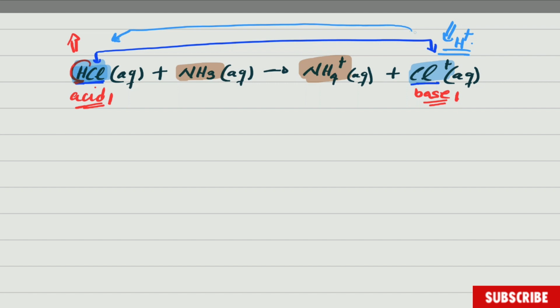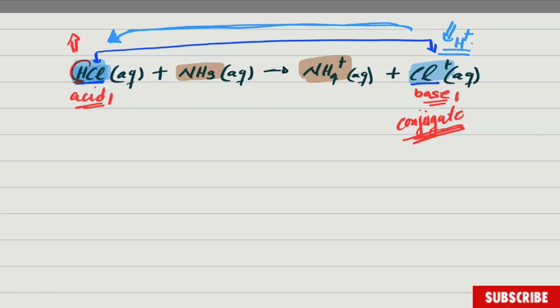So that is how we identify the conjugate base there, as you go from product to reactant. So this one is a base, but it's not just a base, it is a conjugate base to that acid 1.